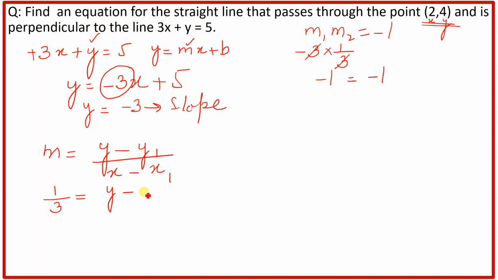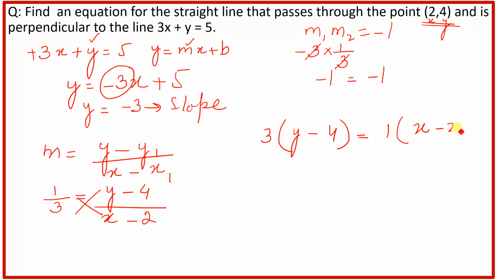So it is y minus 4 over x minus 2. Cross multiply: multiply 3 with y minus 4, which is equal to 1 multiplied by x minus 2.